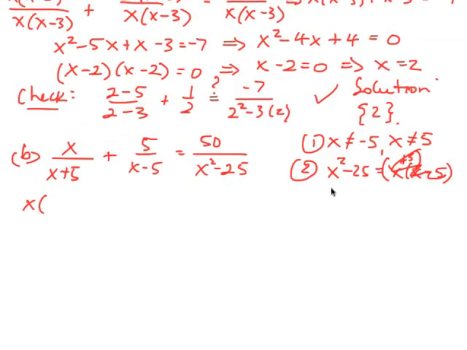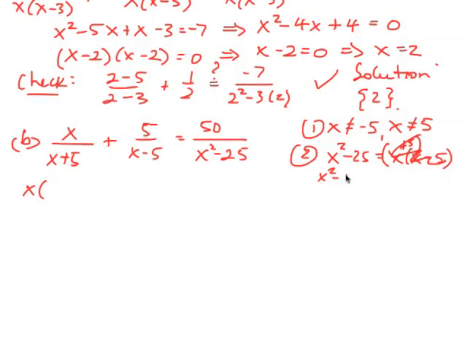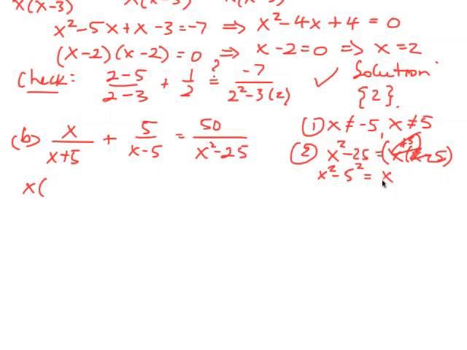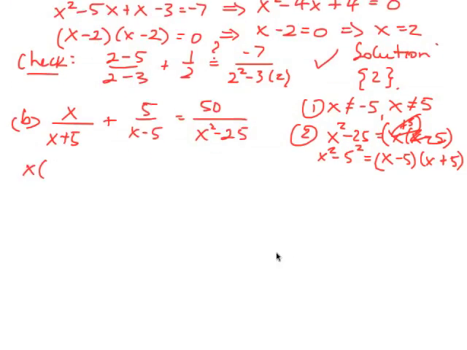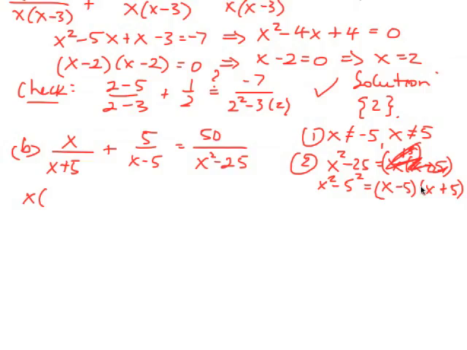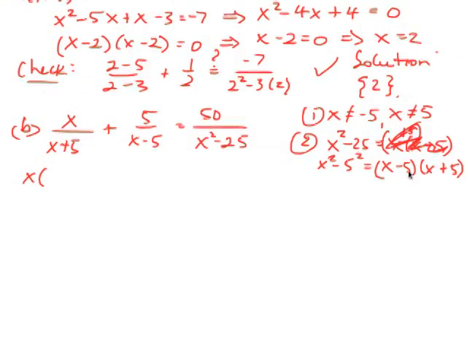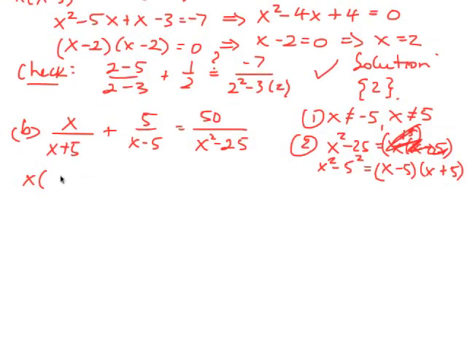Let me write that again. It's the difference of two squares, x² - 5², which of course is (x - 5)(x + 5). So the common denominator will be (x - 5)(x + 5).